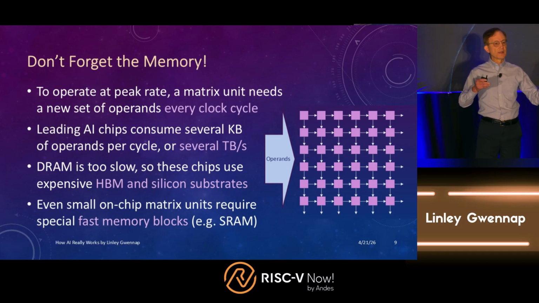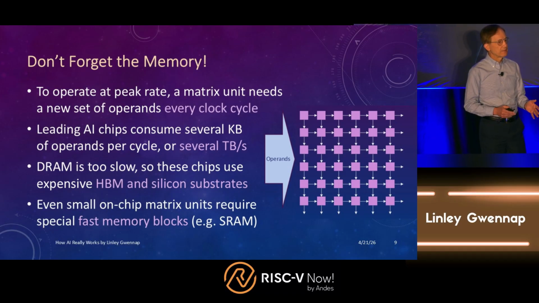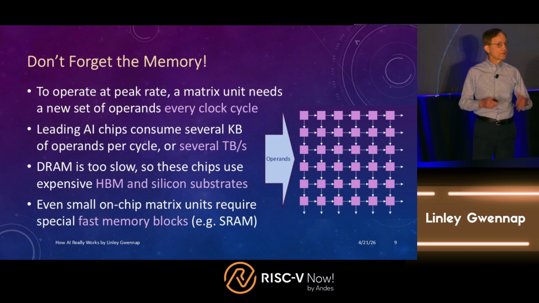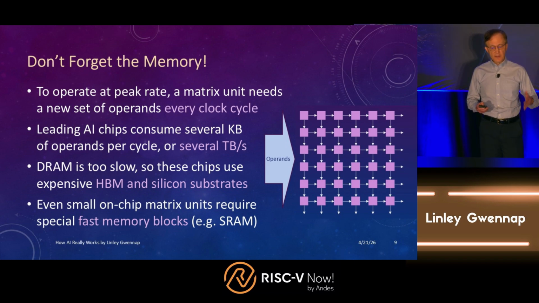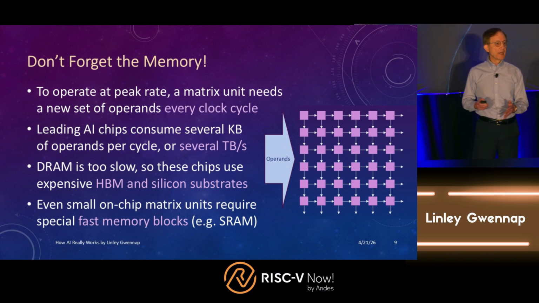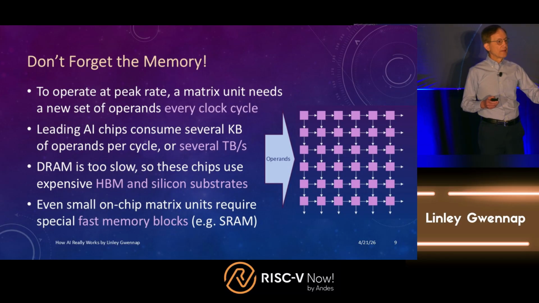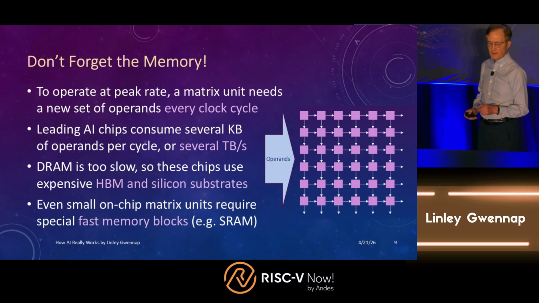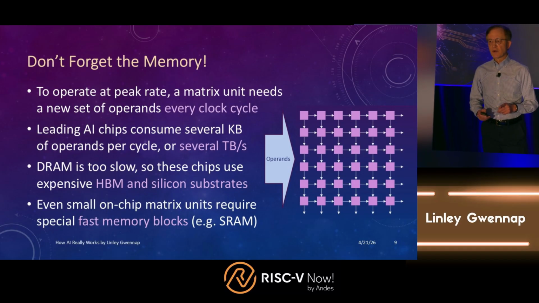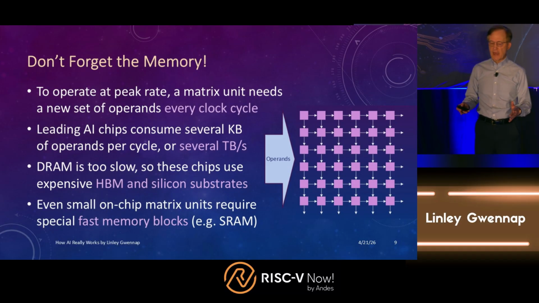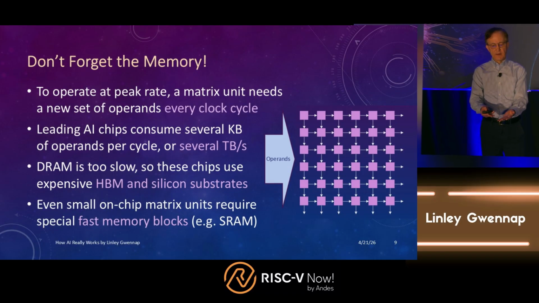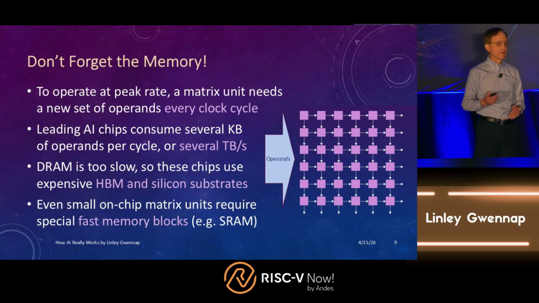Even if you're using a smaller kind of on-chip matrix unit to do smaller models on chip, you would still need enough memory bandwidth to sustain the throughput of that unit. So oftentimes you see dedicated fast SRAM blocks connected to these units in order to make sure that the bandwidth requirement is sustained. And of course, if you don't have enough memory, then you're never going to reach your peak performance in one of these units.